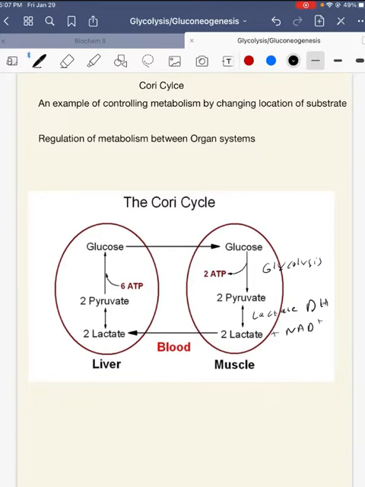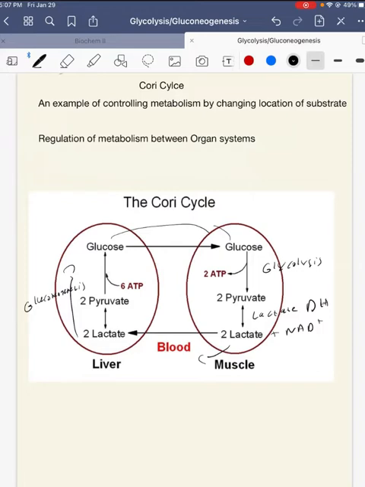And what it does is it sends this lactate in the blood. The lactate travels to the liver, and then we run gluconeogenesis. So we transfer lactate back into the liver. The liver runs gluconeogenesis, regenerates glucose, and then this glucose can go back in the muscle cell and be used in even more glycolysis.